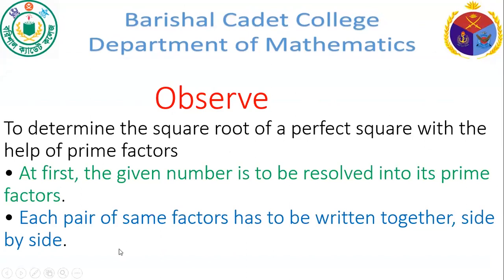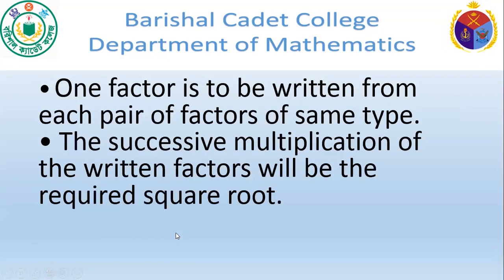Now you observe. What we observe is that, to determine the square root of a perfect square with the help of prime factors, at first the given number is to be resolved into its prime factors. Each pair of same factors has to be written together side by side. One factor is to be written from each pair of same factors. The successive multiplication of the written factors will be the required square root.